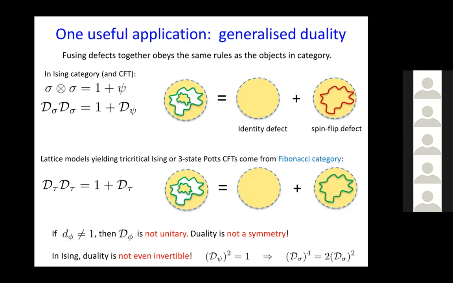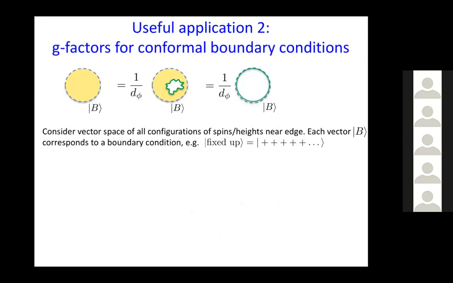And this setup makes it clear why it's not unitary. For one, symmetries in physics we usually want to be implemented by unitary operators. And in fact, in Ising, it's not even invertible. So there's just no sense in which it's a symmetry. If you remember the physics of the Ising model, this is why the low temperature phase has two ground states and the high temperature phase has only one. The mapping isn't invertible.